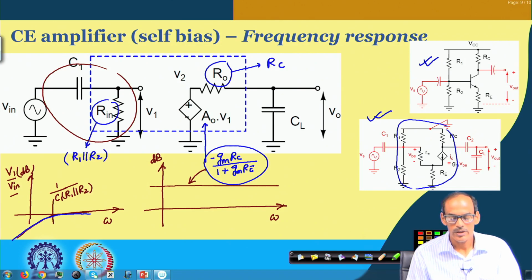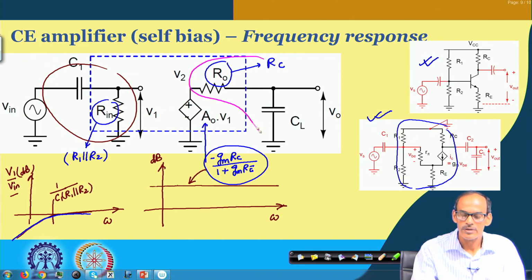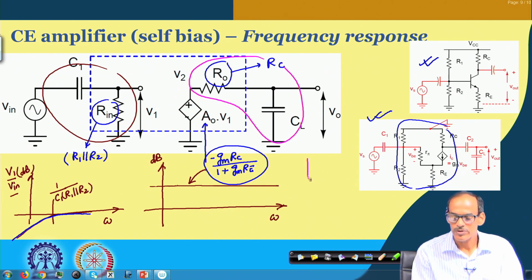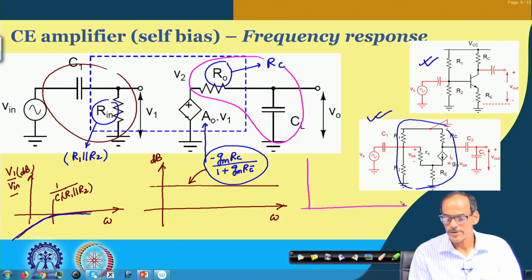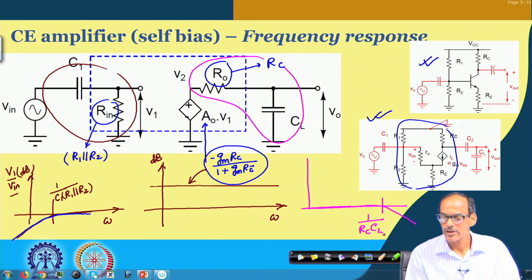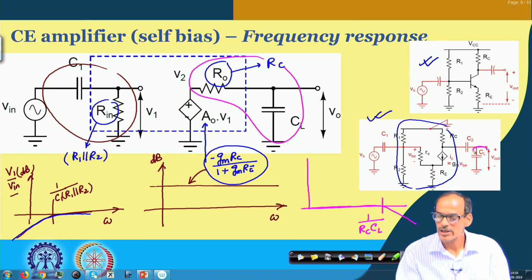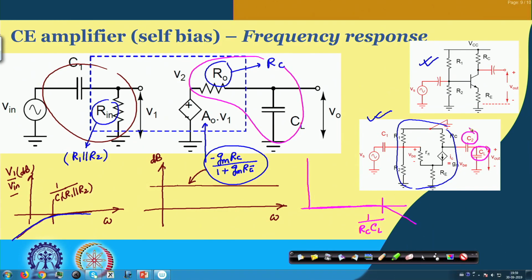And then the right part, the R c part, will be similar to the previous case. It has a low pass nature, and its cutoff frequency is 1 by R c into C L. Of course, we are assuming that this C L is much smaller than C 2. So, that is the assumption: C 2 is much higher than C L.